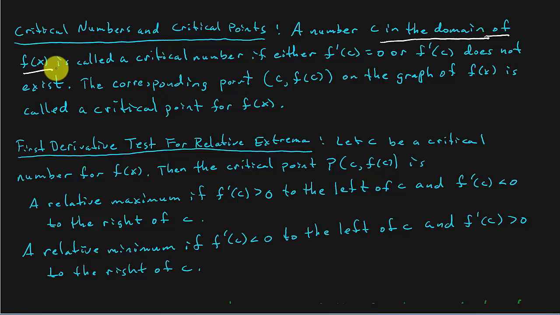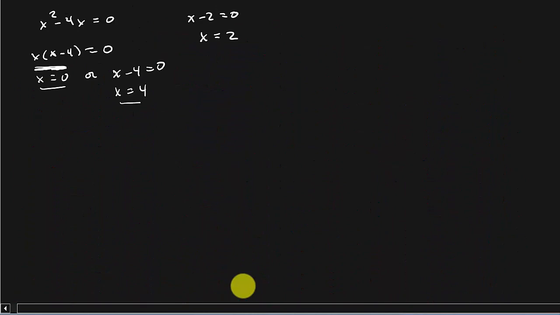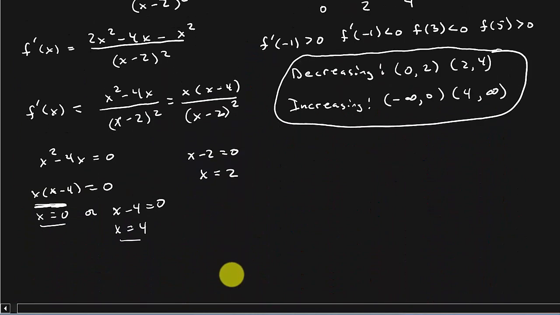But the difference is it's not called a critical number if it's not in the domain of the original function. Okay, so basically, in order to determine relative maximum and minimum points, which is what we're about to do in a second, and to graph these things, you want to set the first derivative equal to 0, and you want to know where the first derivative is undefined. Okay, that's how we get our increasing and decreasing and all that good stuff.